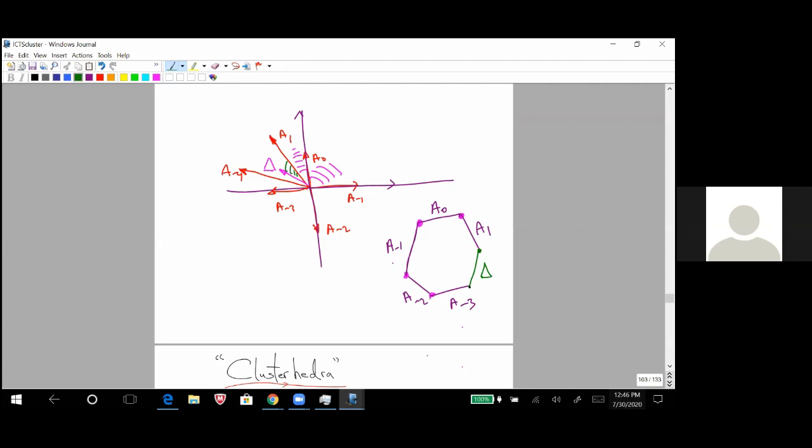And on this side, I have a new kind of cluster, which is A minus 4 and delta.